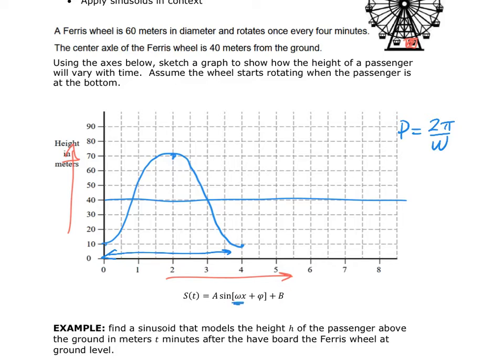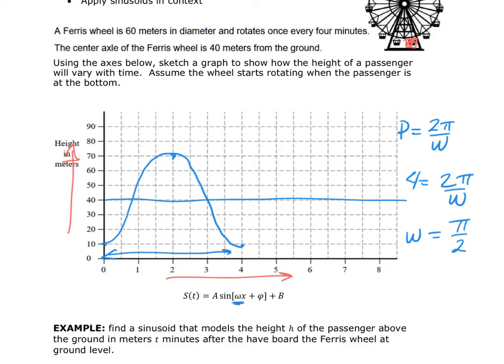I need that omega. So I take my distance traveled from max to max or min to min, in this case 4, and I set 4 equal to 2 pi divided by omega. So now I have to figure out what omega is. I do that by multiplying both sides by omega and dividing by 4. So my omega is pi divided by 2.